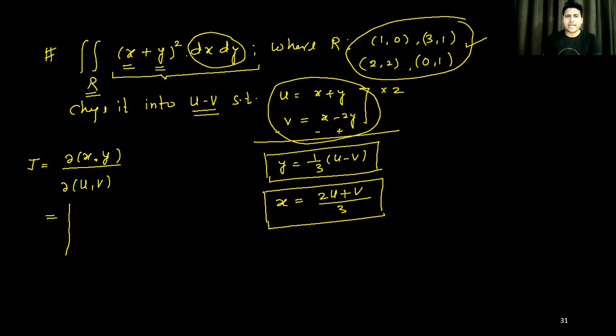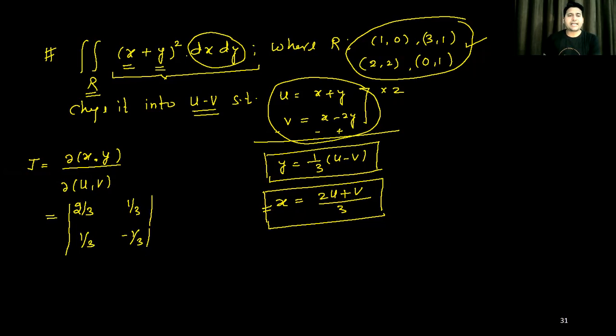No, this is the x, no? So it will be 2 upon 3, not 1 upon 3. Del x upon del v will be 1 upon 3. Del y upon del u is 1 upon 3. And del y upon del v will be minus 1 upon 3.